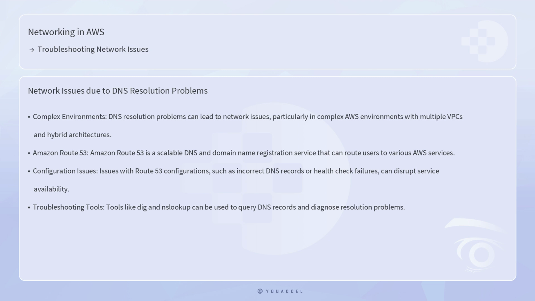Troubleshooting DNS issues involves verifying the DNS records, ensuring that they point to the correct resources, and checking the health of endpoints. Tools like dig and nslookup can be used to query DNS records and diagnose resolution problems. For example, if users cannot access a web application, checking the DNS records for the application's domain can help determine if they are correctly configured and resolving to the appropriate IP addresses.